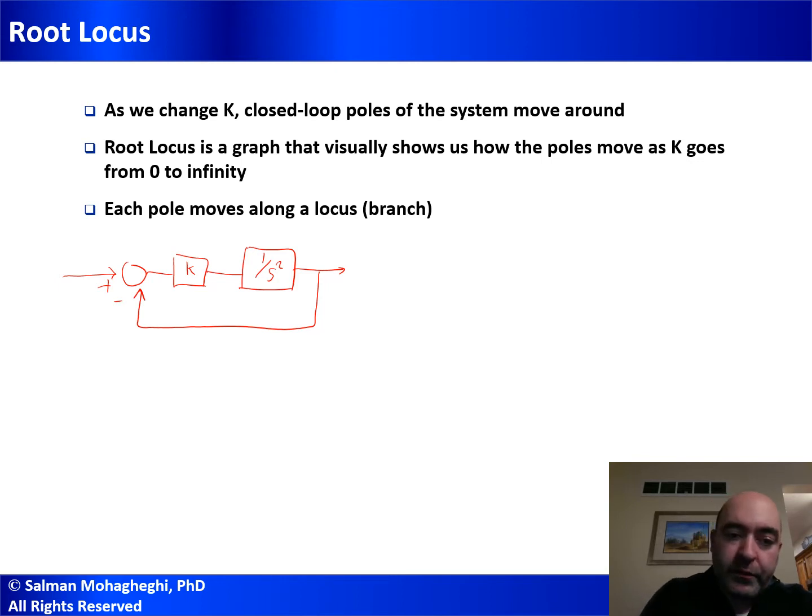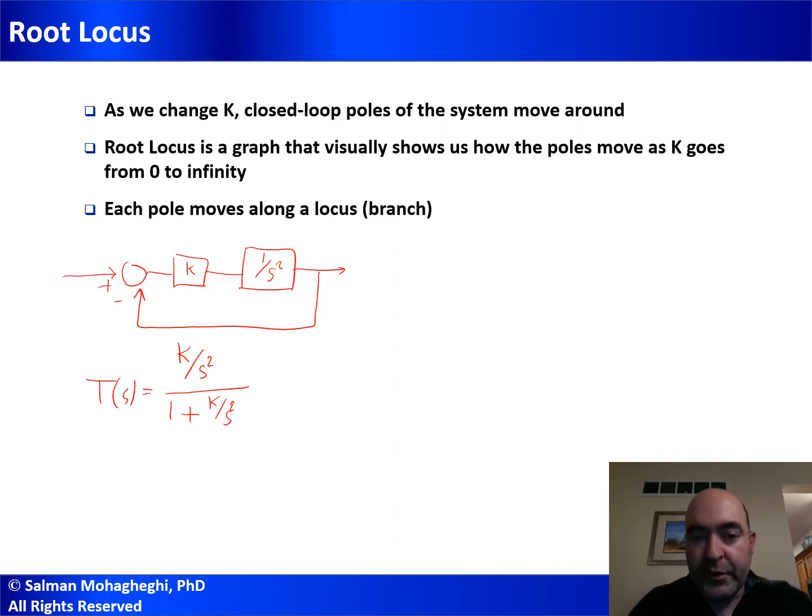So if I want to find the transfer function of the closed loop system, it's going to be the feed-forward gain, which in this case is k divided by s squared, divided by 1 plus k divided by s squared times h of s, which in this example is 1. If I multiply both the numerator and denominator by s squared, I will get k divided by s squared plus k.